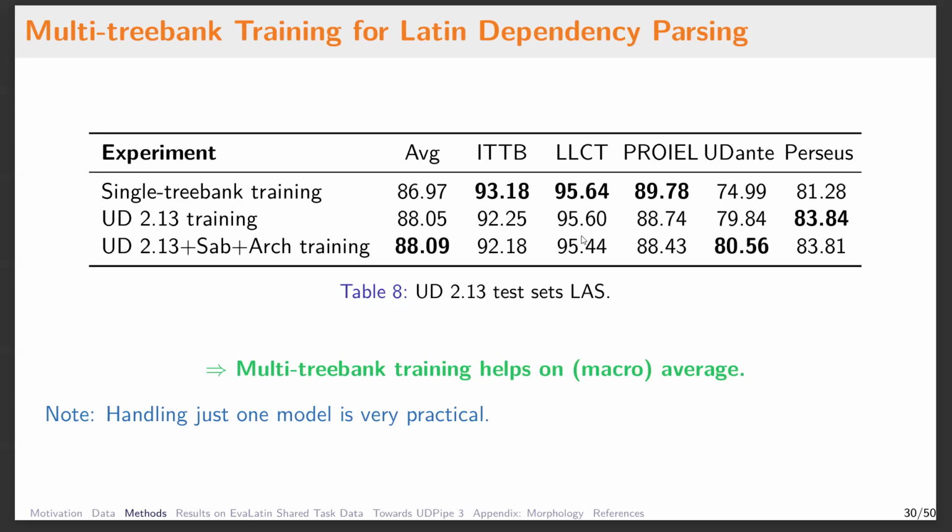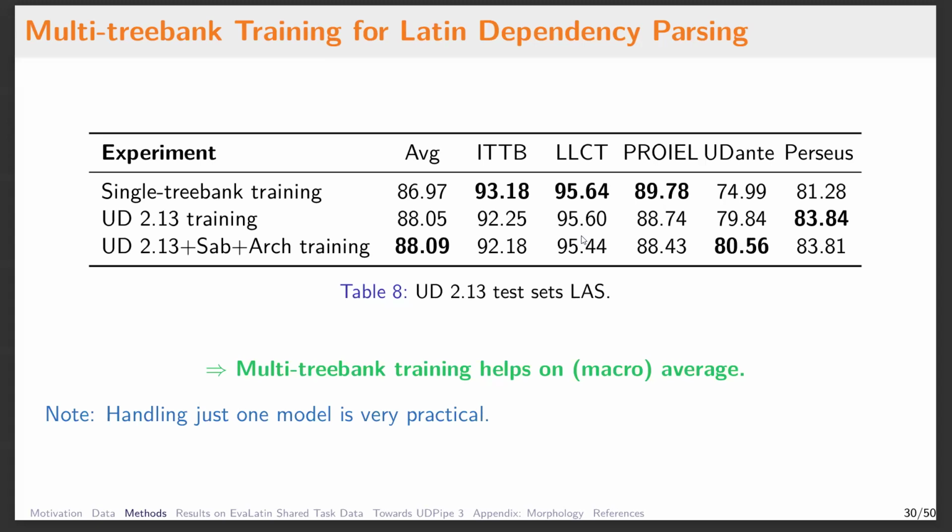This can be done in a naive fashion, when you would just get the data, somehow concatenate the files and read from them, but that's a naive approach that will not get the best results. Good results in multi-treebank training are achieved if you sample cleverly according to a parameterized probability distribution.